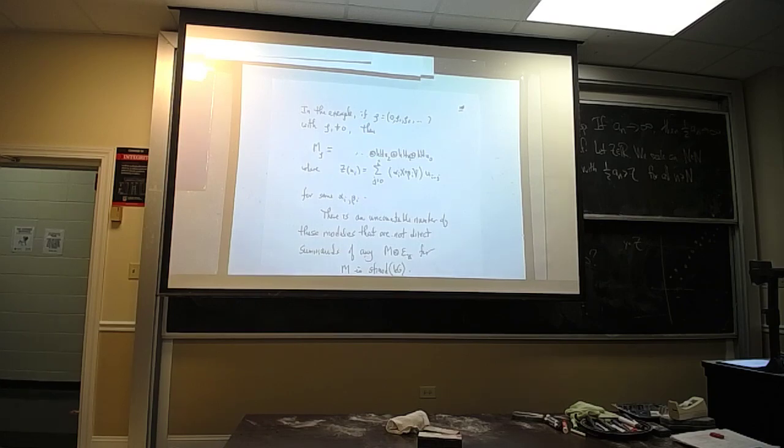Yeah. So you're using, at least a little bit, that you can understand these localization and co-localization functors in terms of tensoring with an object in the category. Right. Can you do this for any tensor triangulated category? I don't think so.